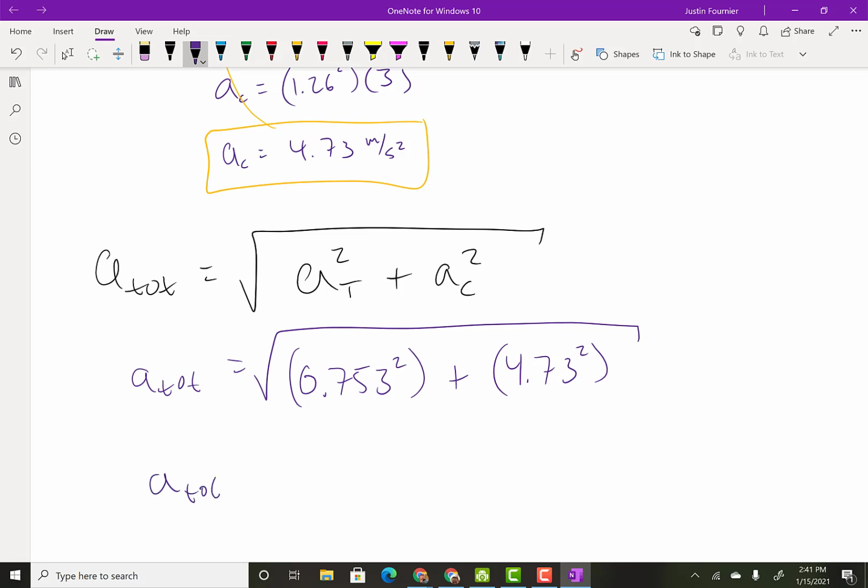So my total acceleration, plugging in all of this, taking the square root, I'm getting about 4.79.